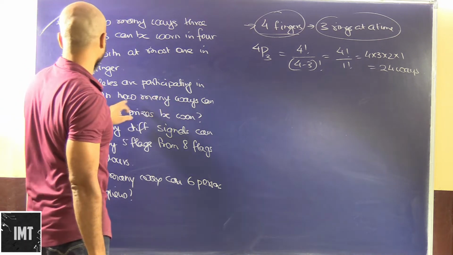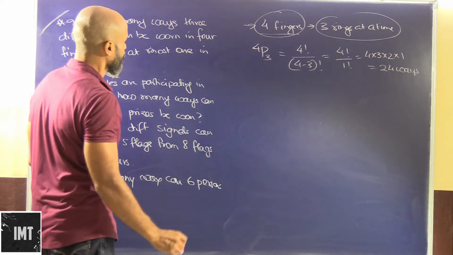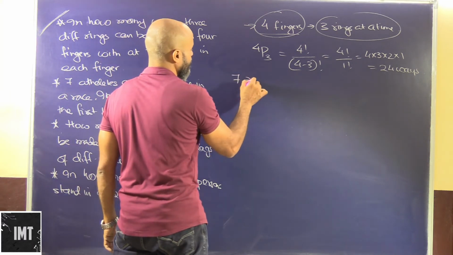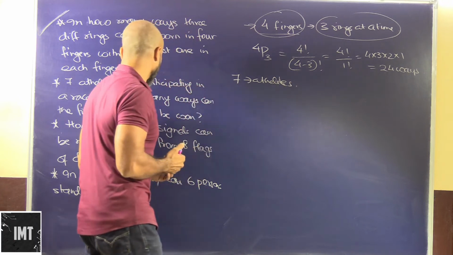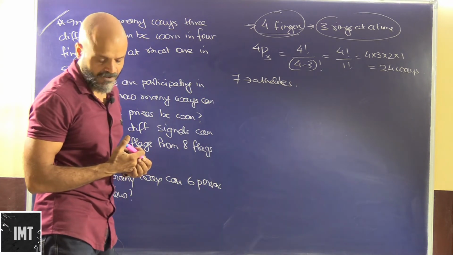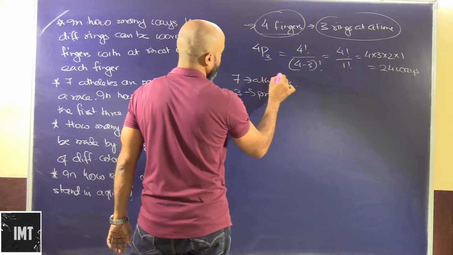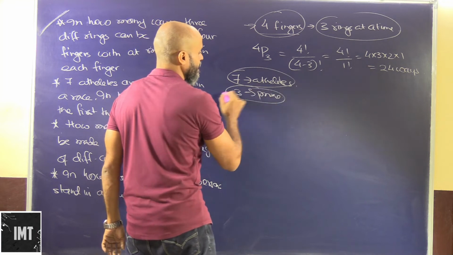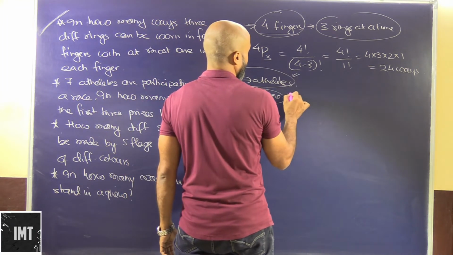7 athletes are participating in a race. In how many ways can the first 3 prizes be won? There are 7 athletes and they have to win 3 prizes, so again this is 7 taken 3 at a time.